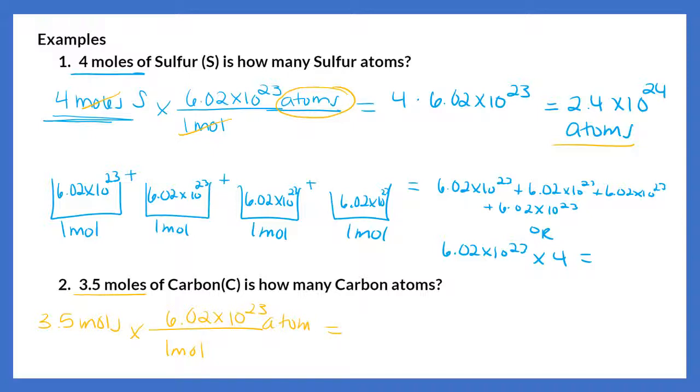Now we just multiply across. 3.5 times 6.02 times 10 to the 23rd equals 2.0107 times 10 to the 24th atoms of carbon. And if we look at our units, the mole cancels the mole, leaving me with atoms. That's why my answer is in atoms.